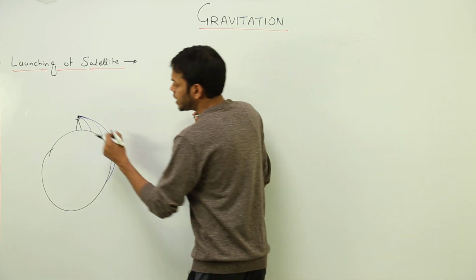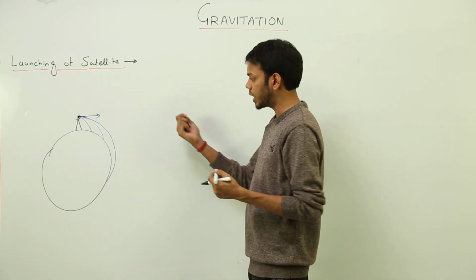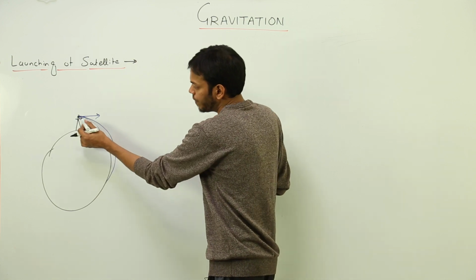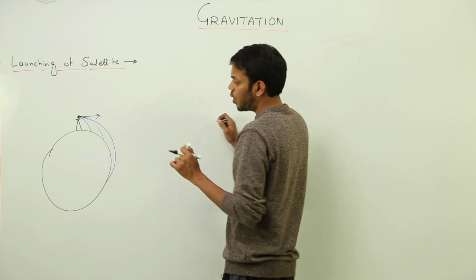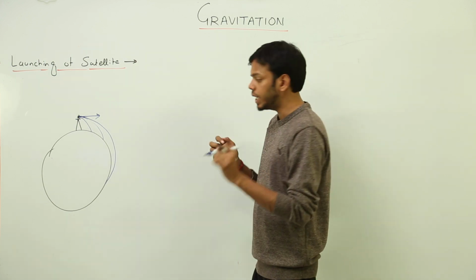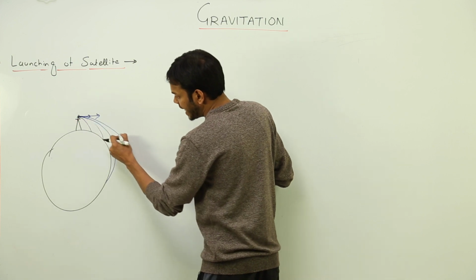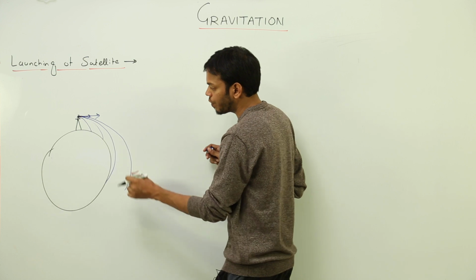So that means the horizontal velocity which we give to the body we are throwing accounts for the distance the body travels, right? Now there must be some velocity at which, if the body is thrown, it will escape the gravitational pull of Earth.